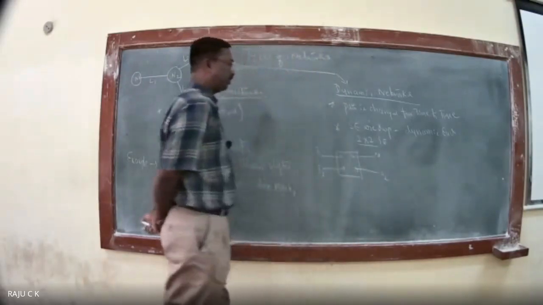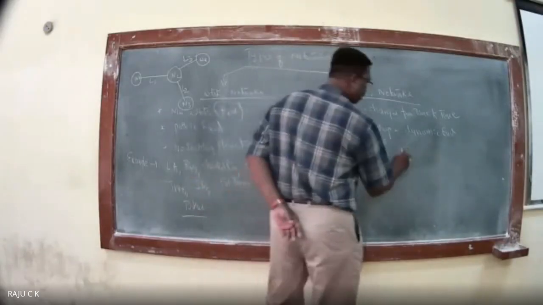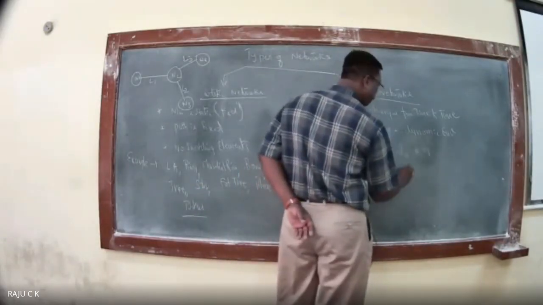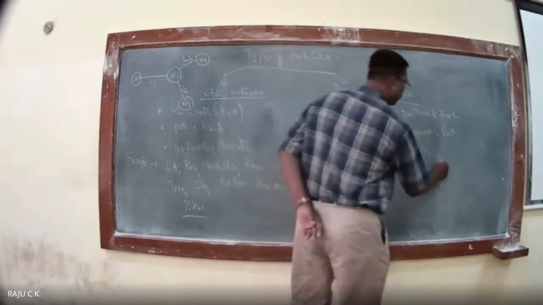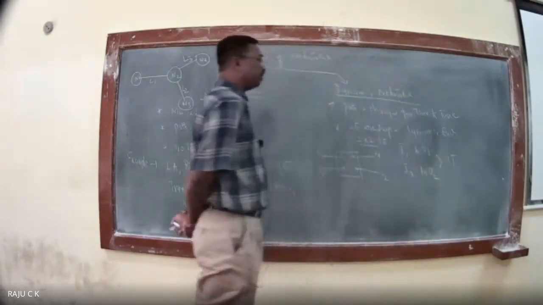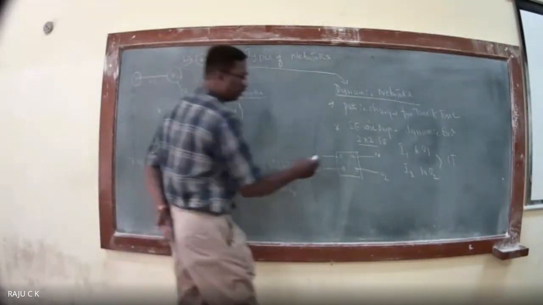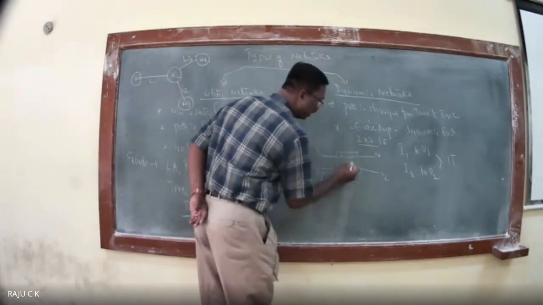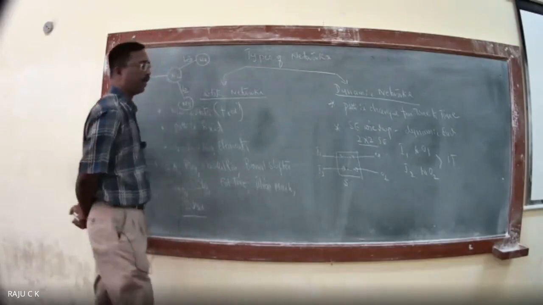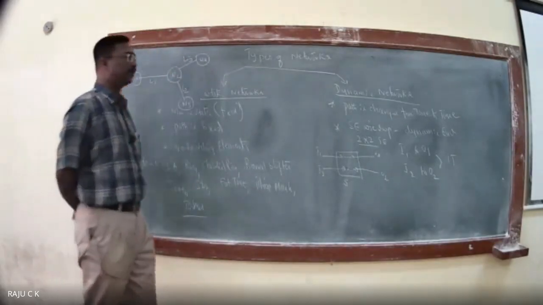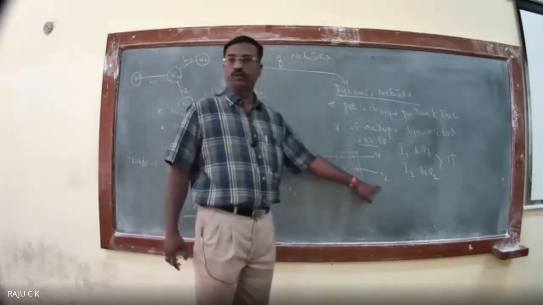Suppose at one time I want to connect I1 to O1 and I2 to O2. So I make a straight arrangement. In the first time interval, this element joins I1 to O1 and I2 to O2.